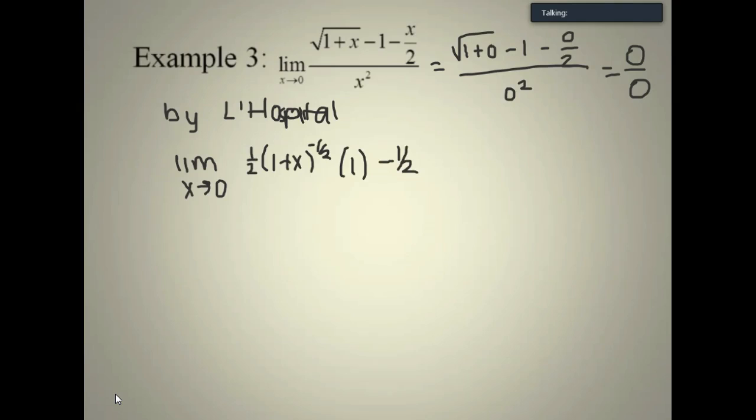And again, you're not cleaning it up or simplifying it with the denominator. You're essentially taking the limit of each separately. So it's the limit of the top over the limit of the bottom. And then once you have your derivatives of each, you plug them in.